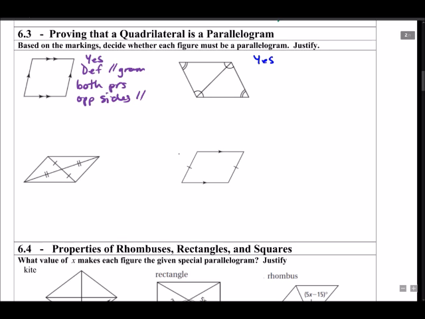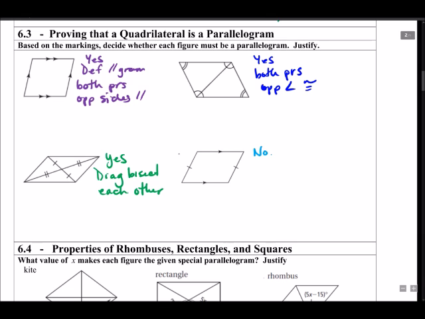Yes, it's a parallelogram. Both pairs of opposite angles are congruent. That's a parallelogram. And what's next here? Parallelogram? Yes. The diagonals bisect each other. So parallelogram. What about this last one?